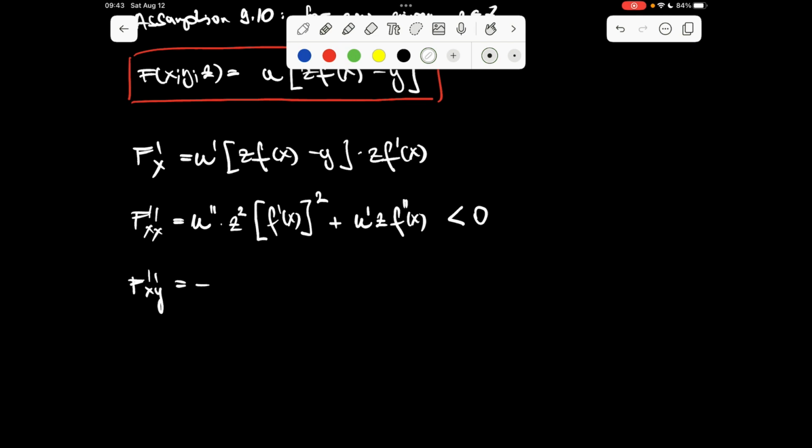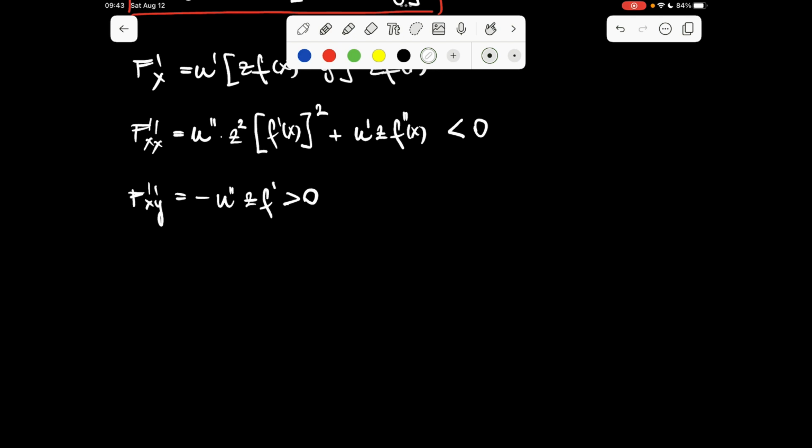I am simplifying, okay? This is positive. This is positive. All right. This is the first derivative with respect to the second variable in the one-period return function.